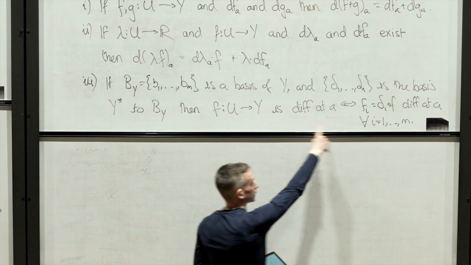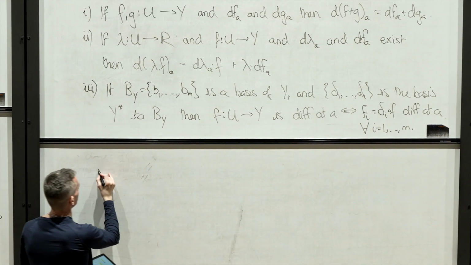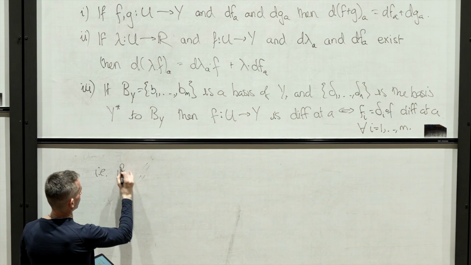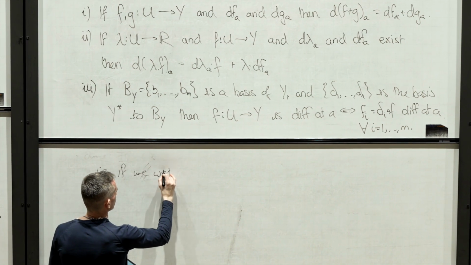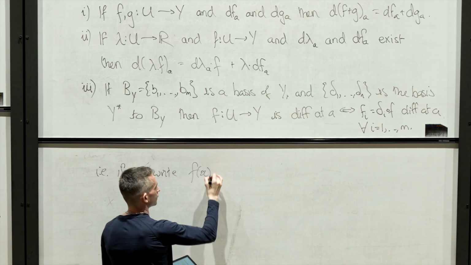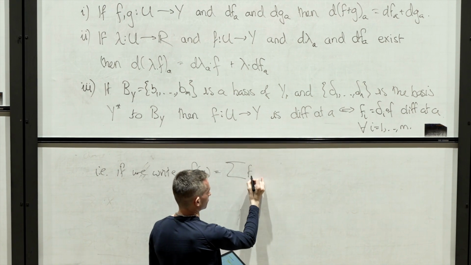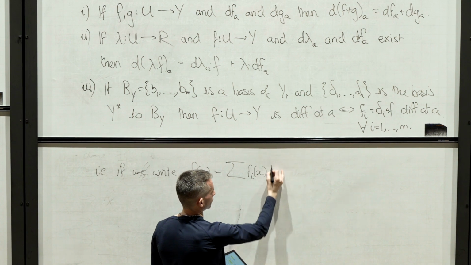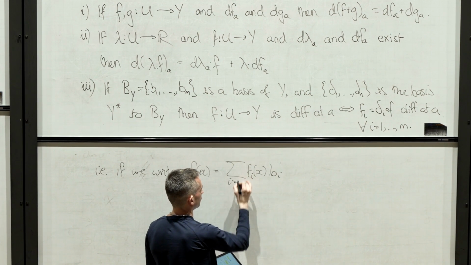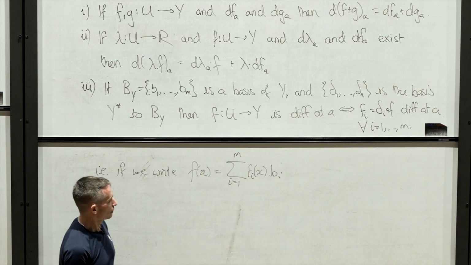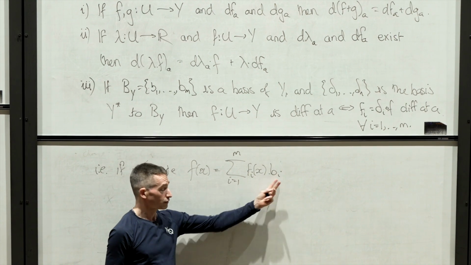Okay, so just to cash this out a bit more, if you write f of x in terms of this basis, you get some coefficients, right? Every element of Y is a linear combination of the basis vectors.